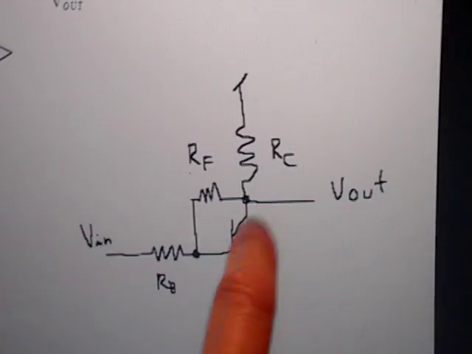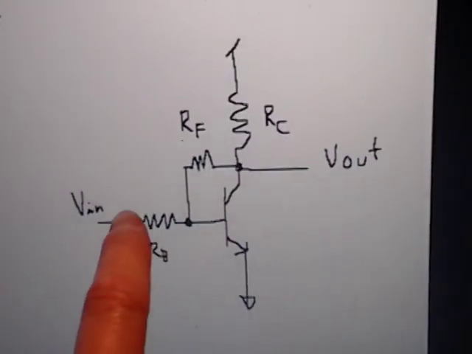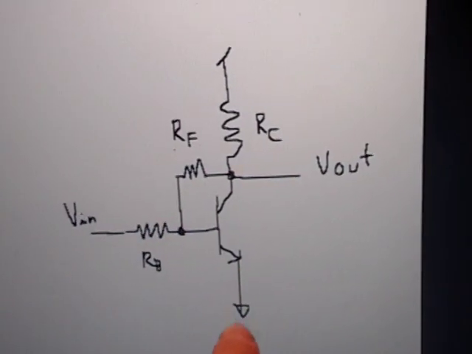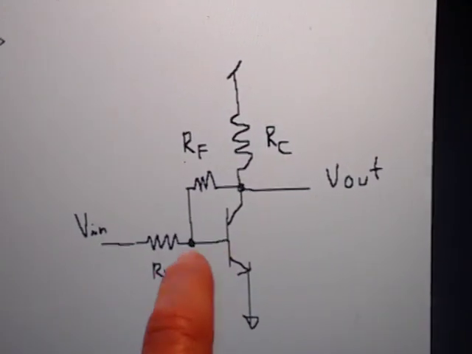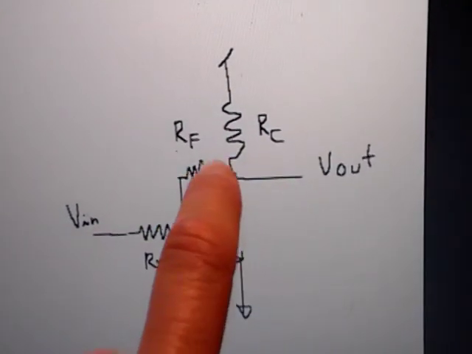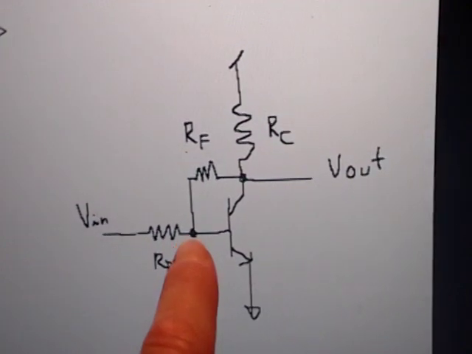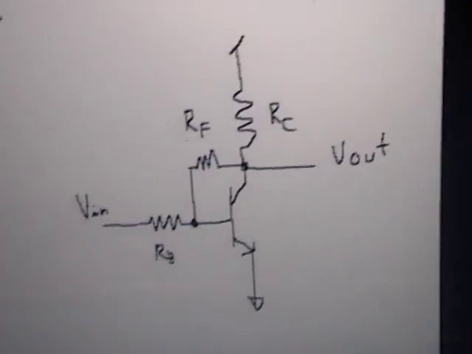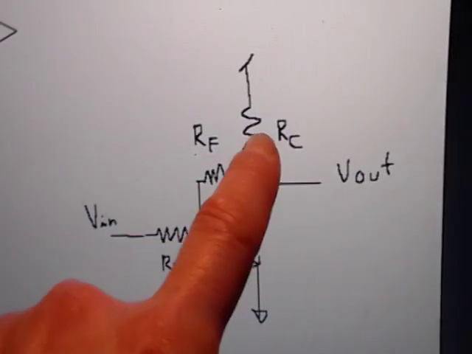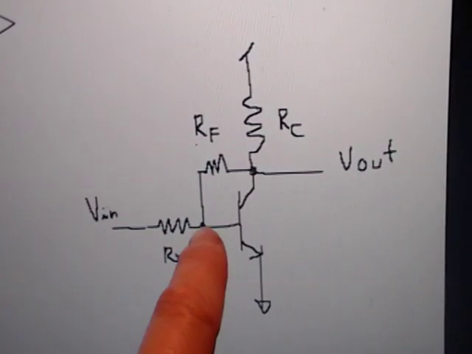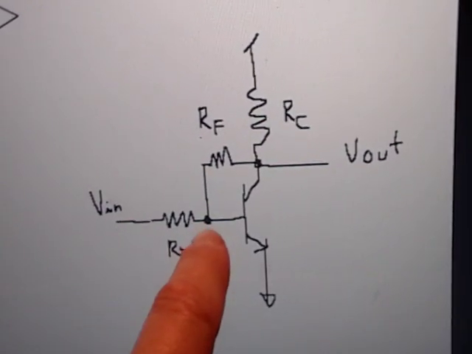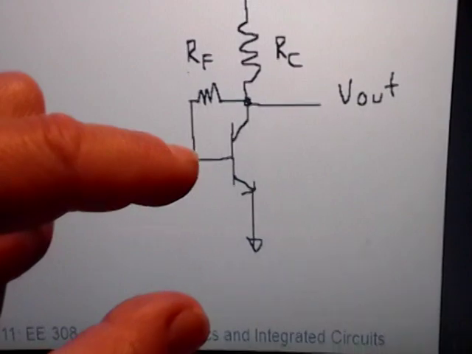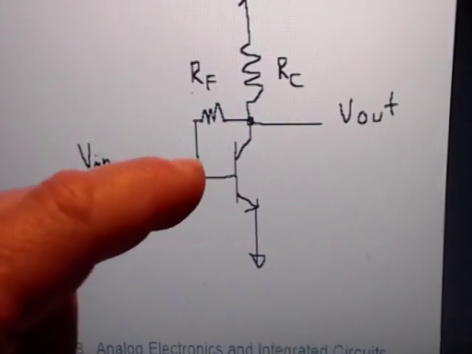Right here, to get to your feedback point, you don't have to go through your transistor. So that's not a series. When that feedback comes back and actually hits your input node, that is always going to be shunt. So the output of your feedback network and the input to your amplifier, those are the same nodes, and they're going from that point to ground.